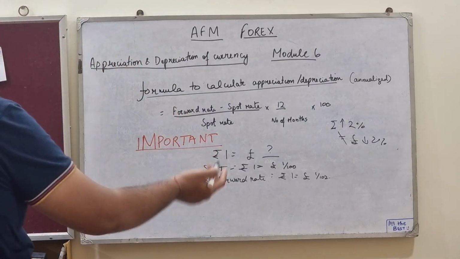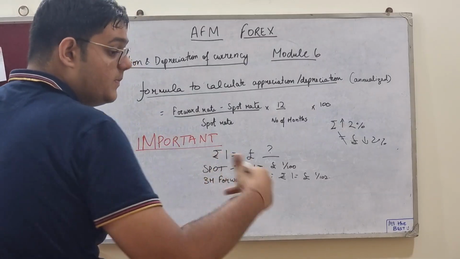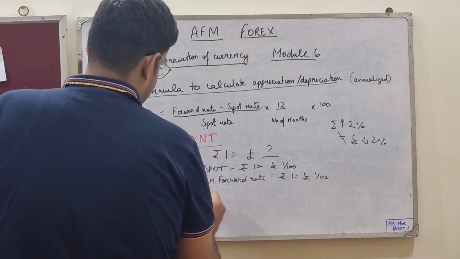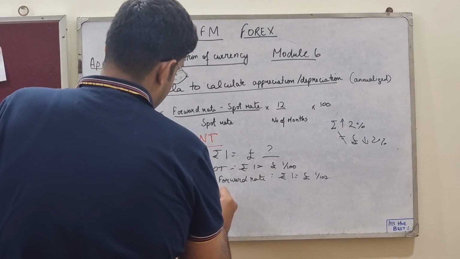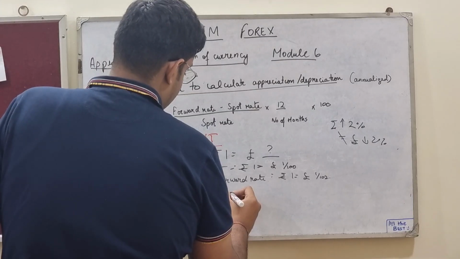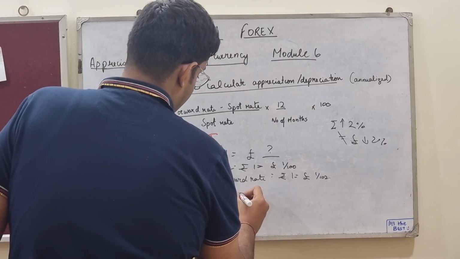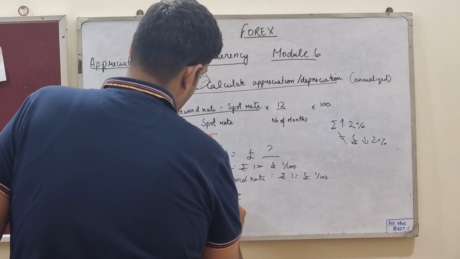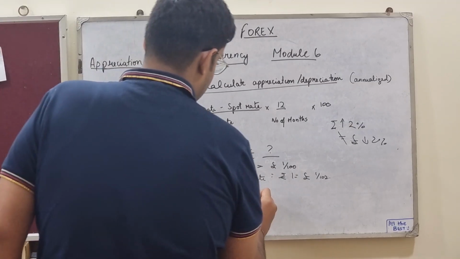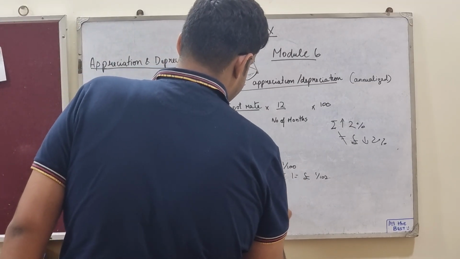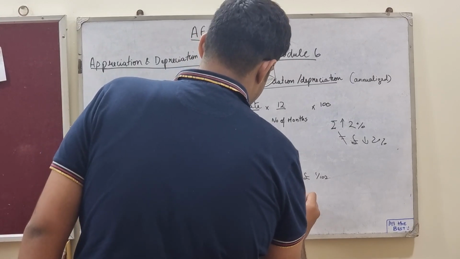Now, when we input that into the formula, we get 1 by 102 minus 1 by 100, divided by 1 by 100, into 12 by 3, into 100.